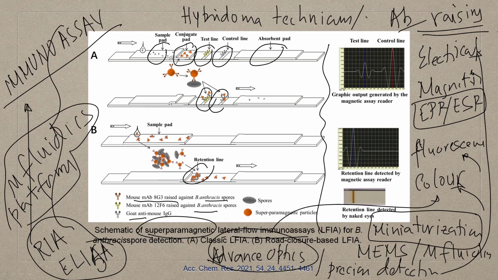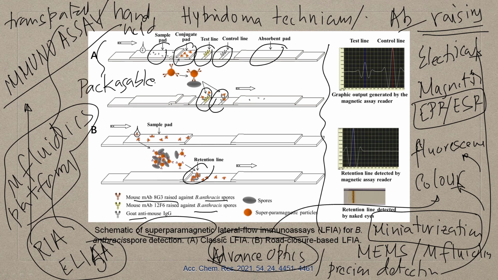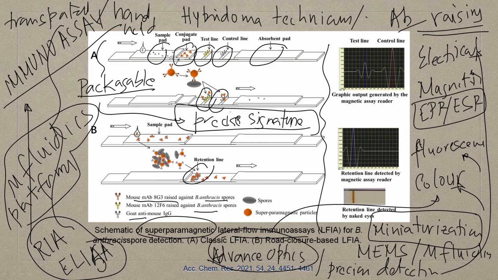Some of the basic features needed are that they should be transportable, handheld, easily packageable, they should give a precise signature, and they should be things which could be mass produced.